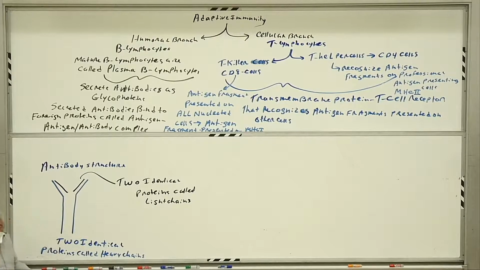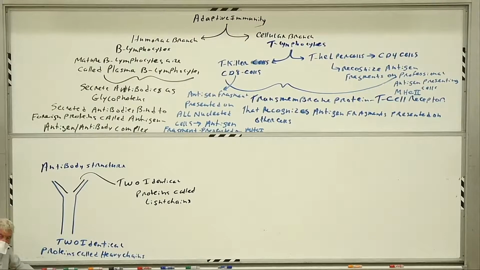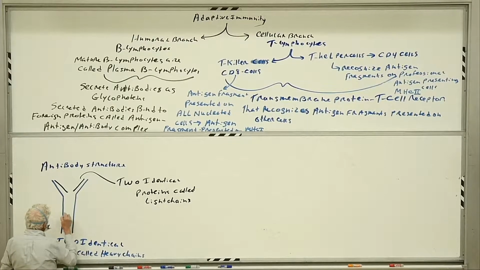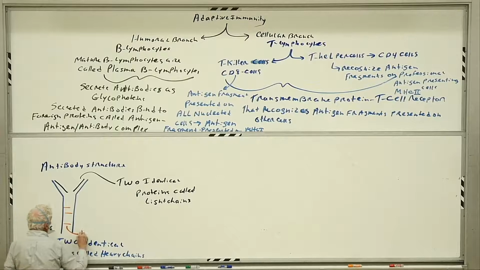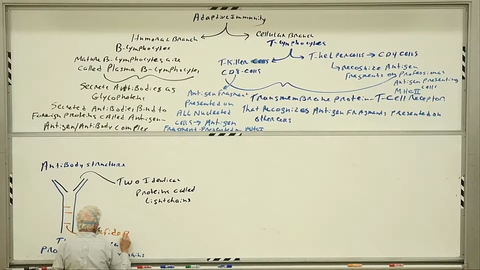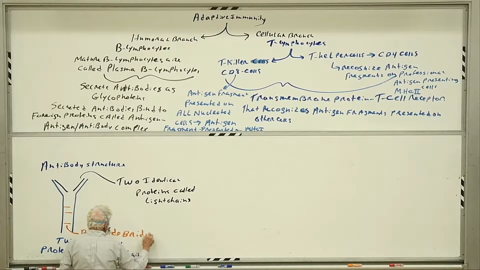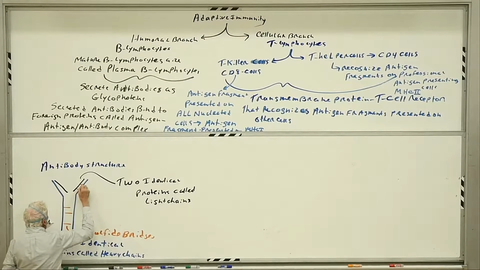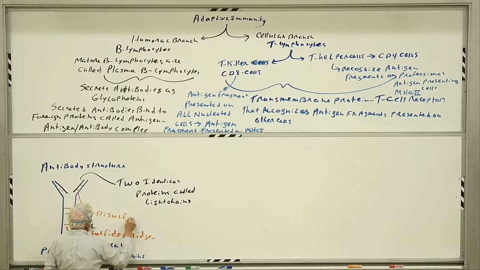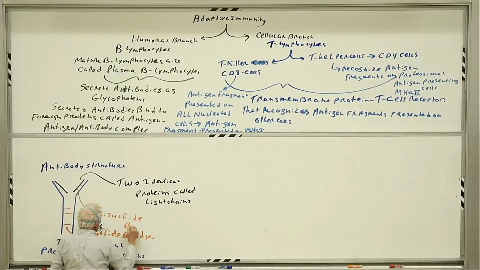So every antibody contains two heavy chains and two light chains. The two heavy chains are identical to one another, and the two light chains are identical to one another. Now, as a detail, these heavy chains are held together by disulfide bridges. And the light chains are held to the heavy chains by disulfide bridges.